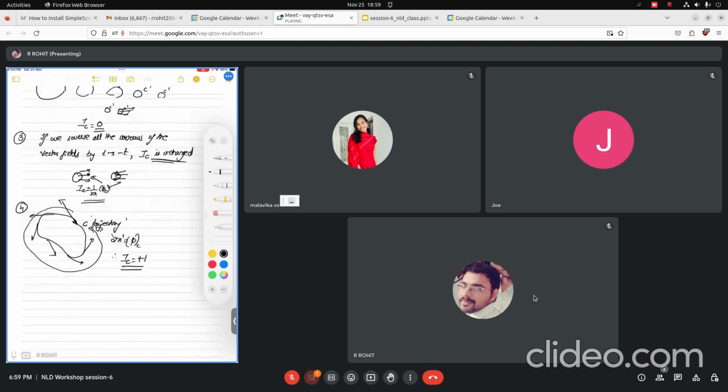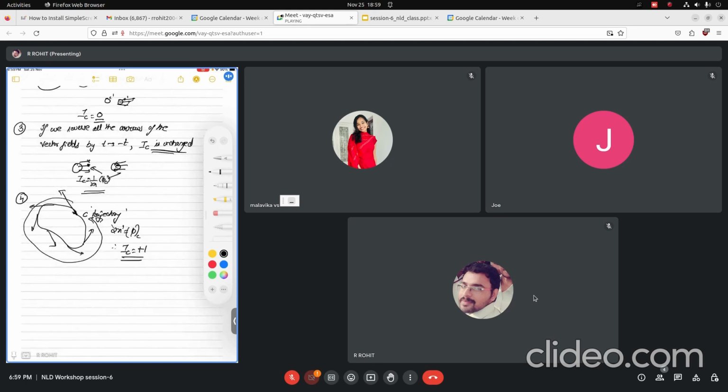This can be directly seen from the diagram itself, because if you have a trajectory, then all the vector fields will be tangential, and because you will not have two velocities at a particular point, you will eventually close down to 2 pi radians. So these are the 4 properties of the index of a closed curve.